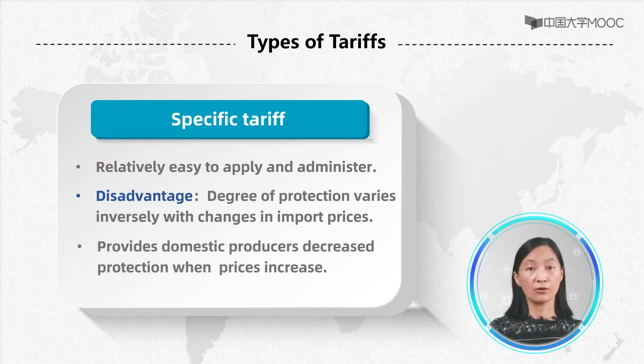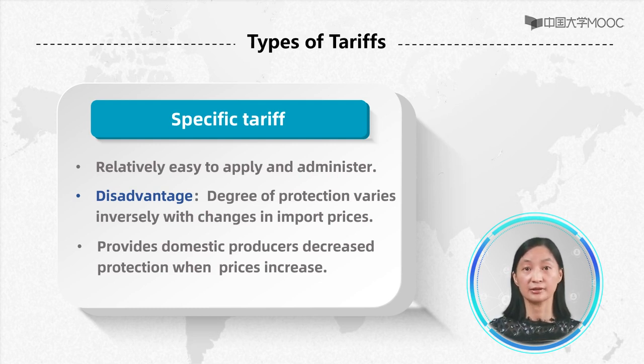During times of rising import prices, a given specific tariff loses some of its practical effect. The result is to encourage domestic firms to produce less expensive goods for which the degree of protection against the imports is high.